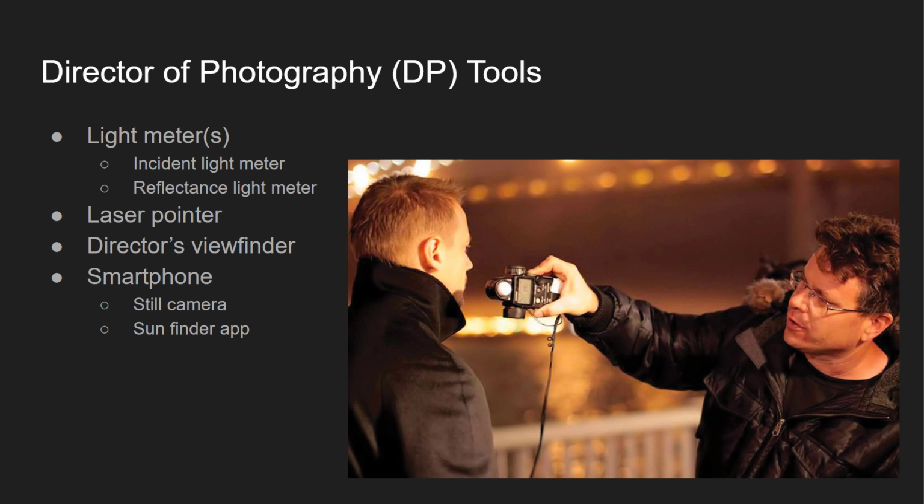Sometimes they will be taking pictures on set for either continuity or to convey something on a future scene. And also there's certain applications too. One is a sun finder app, and it's very helpful to show you how to predict the location of the sun, so you can set your talent and crew appropriately to get the shot that you need.